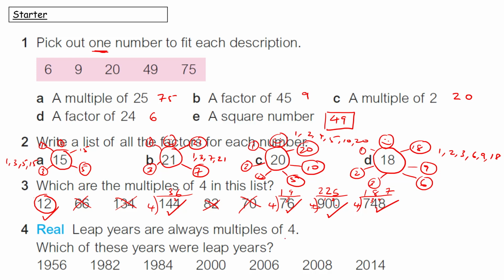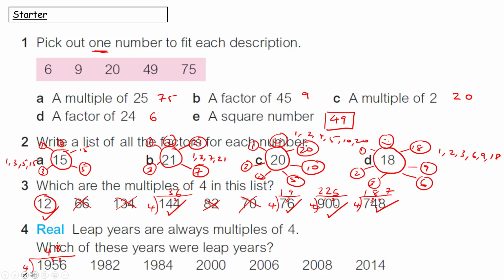Leap years are always multiples of 4, so it's a good way of checking. So we just need to divide these numbers by 4 and see which one 4 goes into without remainder. Let's just check on the first one. 4 into 1 doesn't go. 4 into 19 though. How many times is that? 4 4s are 16, so 4 carry the 3. 4 into 35. 4 times 8 is 32, so we got an 8 here.